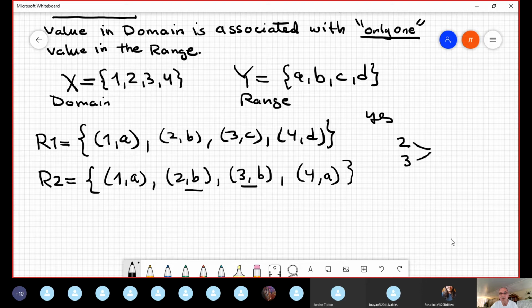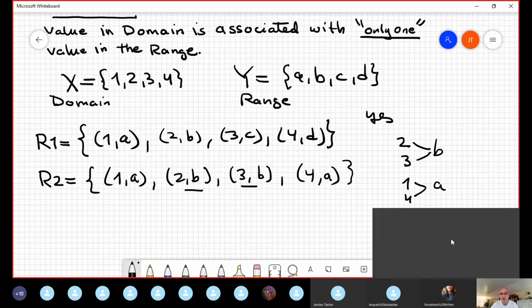There is repetition of B, no? And you associate 1 and 4 with the A. Look, 2 and 3 associate with the B, 1 and 4 associate with the A.